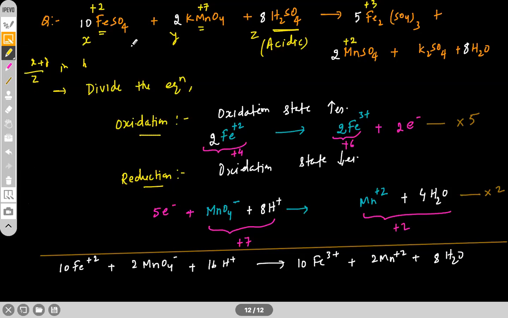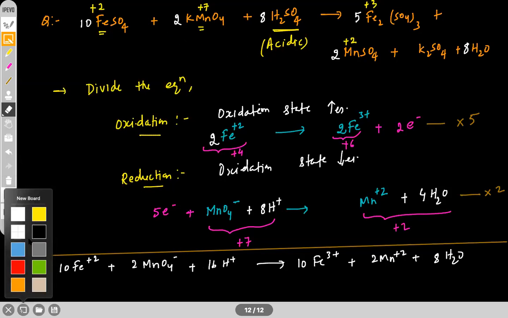This kind of question they frame in the exam. Definitely you will have all these things when you solve questions. So let us try one question on this. I'll just write down the equation here. You balance this equation depending upon the medium.